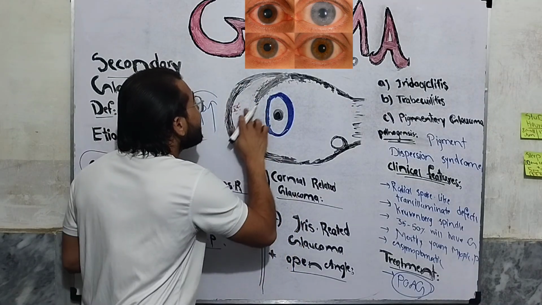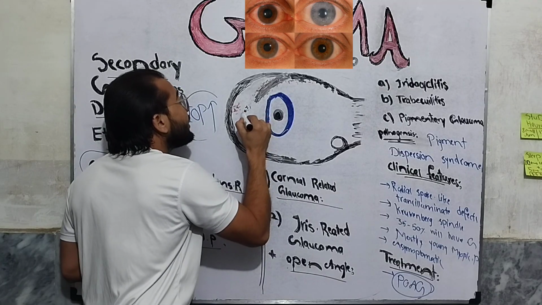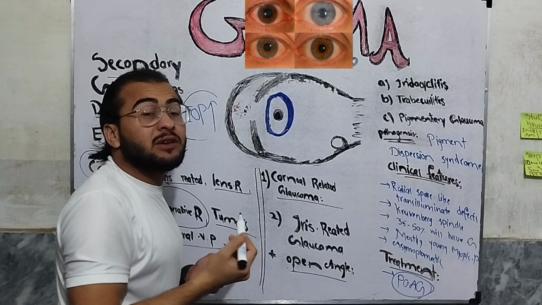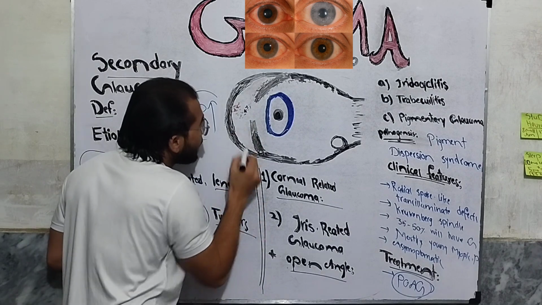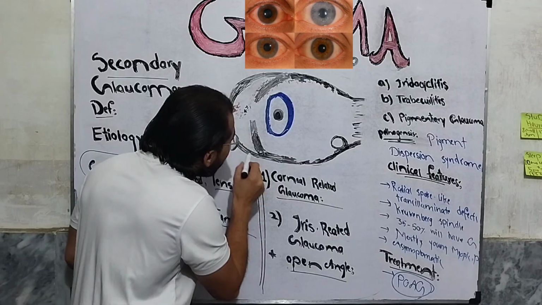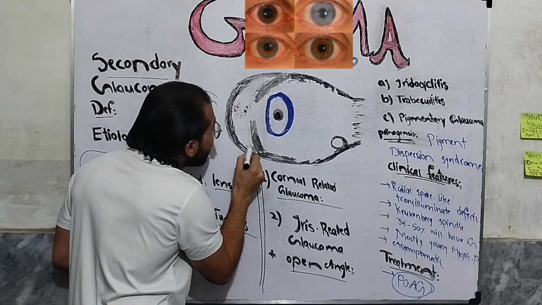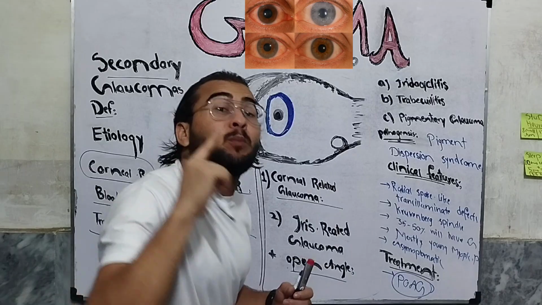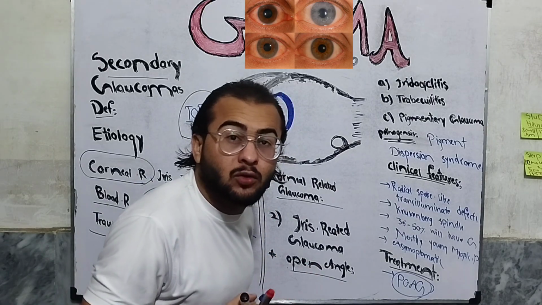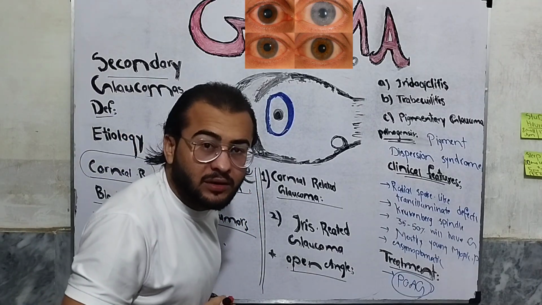It will release the inflammatory infiltrate into the anterior chamber because of this inflammation. This inflammatory infiltrate can accumulate in the pores of the trabecular meshwork and block it, and hence it will elevate the intraocular pressure.